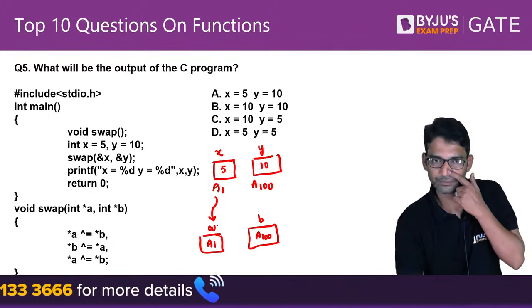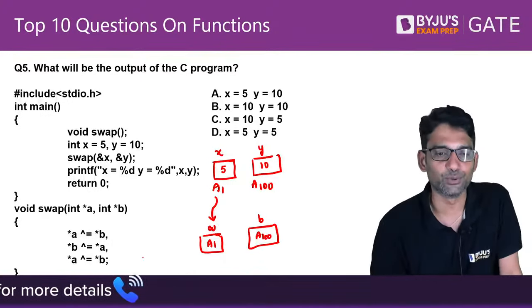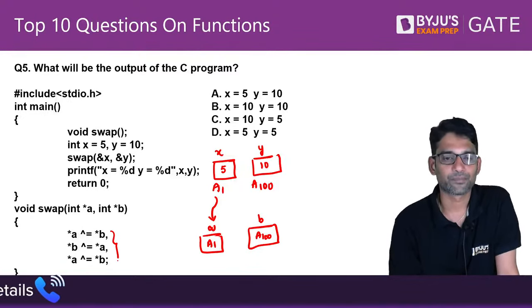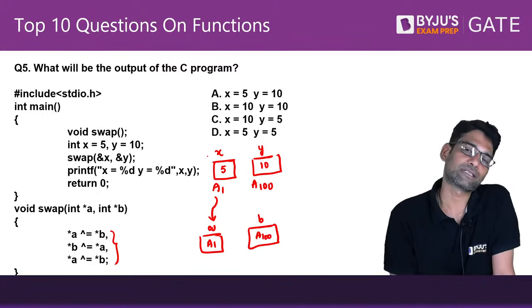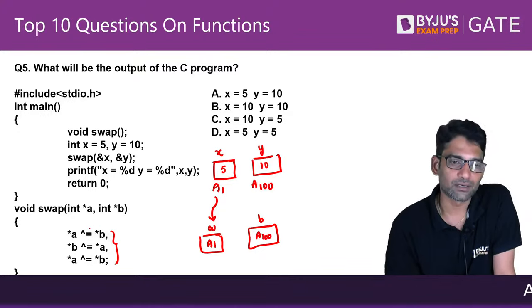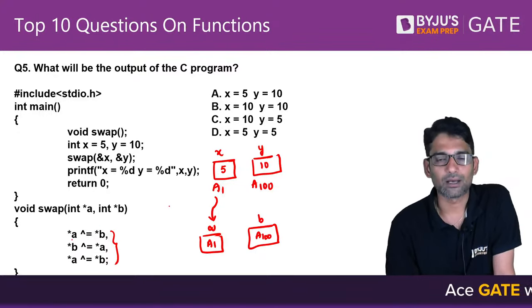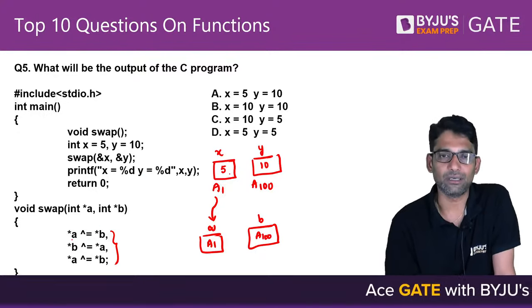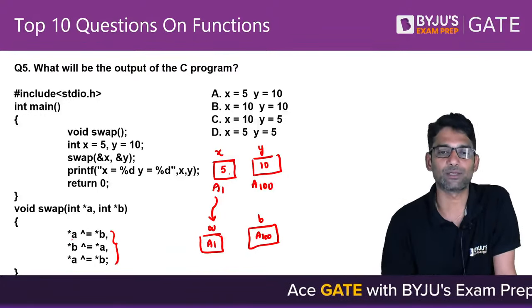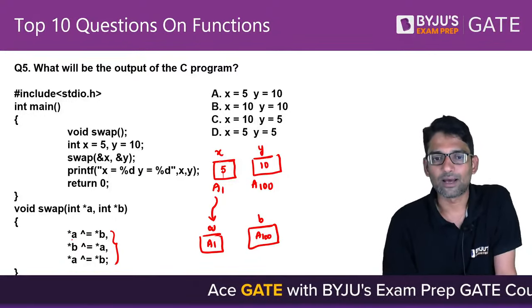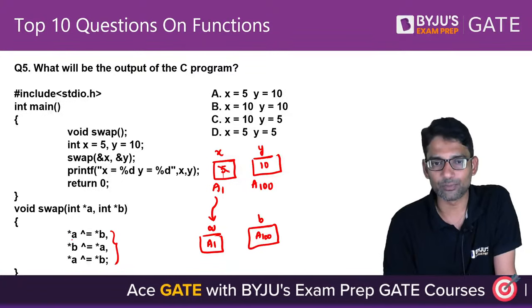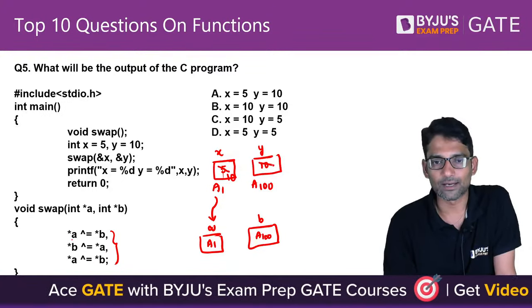Now using XOR, when you do, what happens? Values get exchanged. Means value at A becomes value at B and value at B becomes value at A. That means value at A, that is x value becomes 10, y value becomes 5.